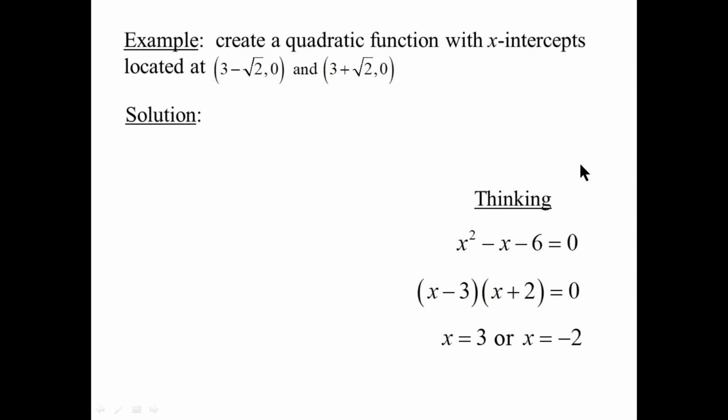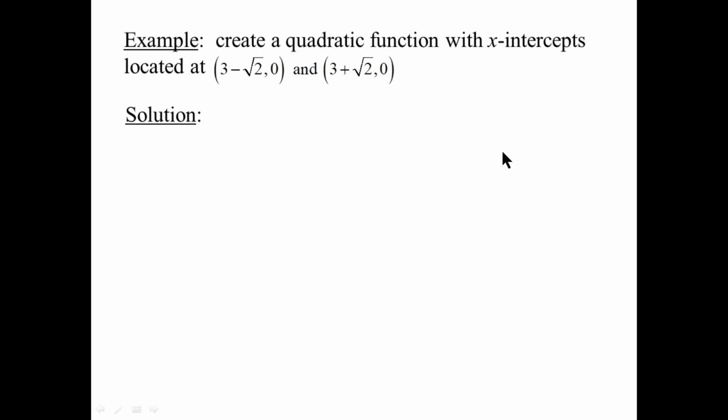So with that thought in mind, we can go back to our problem and say, well, we'll have to go x minus a root in brackets times x minus a root in brackets. x minus one root in brackets times x minus the other root in brackets. Now, notice I put the roots themselves into brackets because they're compound.